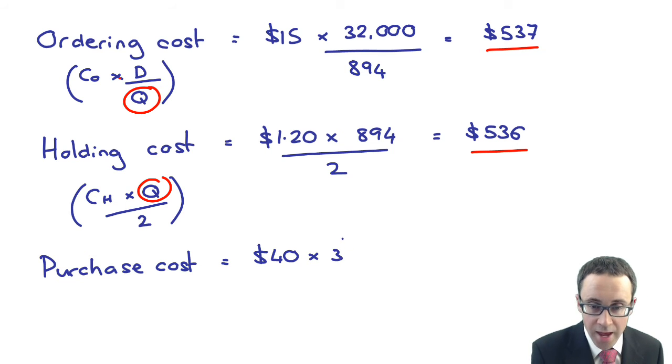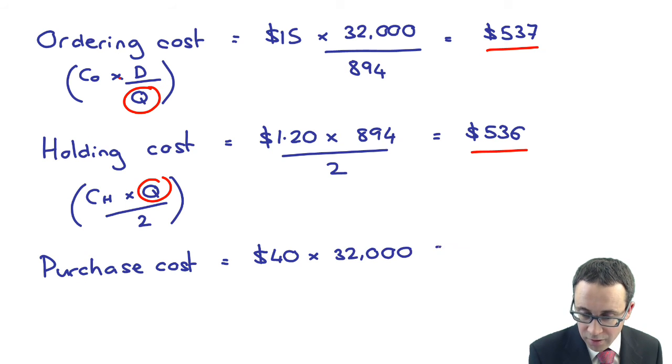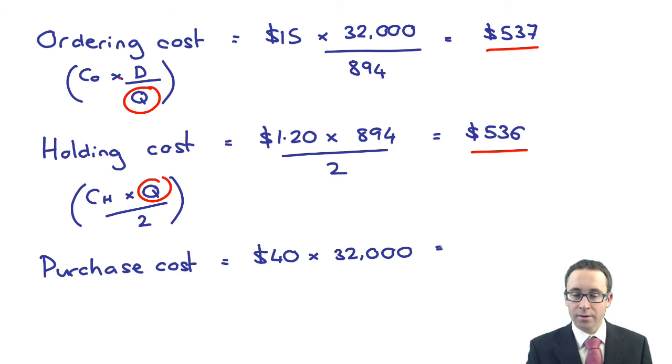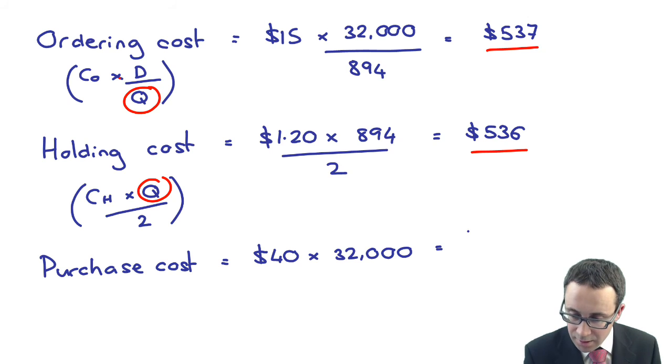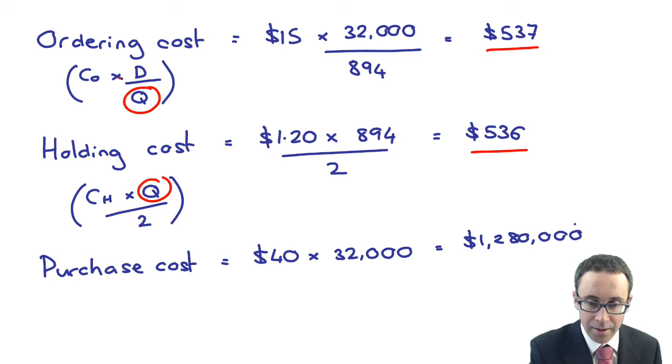There were 894 units purchased. If we do it properly, you've got 32,000 units of which we purchased. So 40 times the 32,000 gives me 1,280 million.